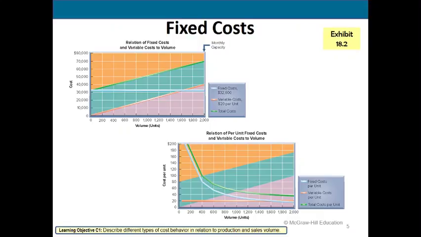The cost of the manufacturing facility will not change up to you producing 10,000 units. But once you have maxed out at 10,000 units and you want to produce more, you'd have to expand the manufacturing facility or look for extra space somewhere.